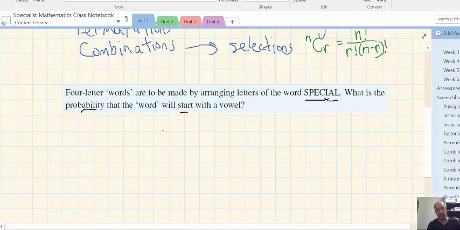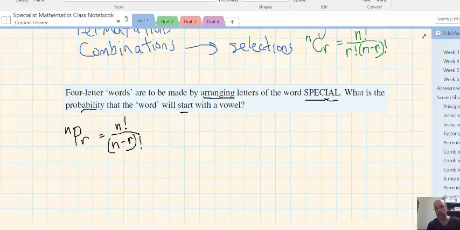So we need to work out, are we talking permutations or combinations? And the word arranging is synonymous with permutations. So we're looking at nPr. It's the first thing to establish, and nPr is n factorial over n minus r factorial. So there's a good chance we're going to apply that.